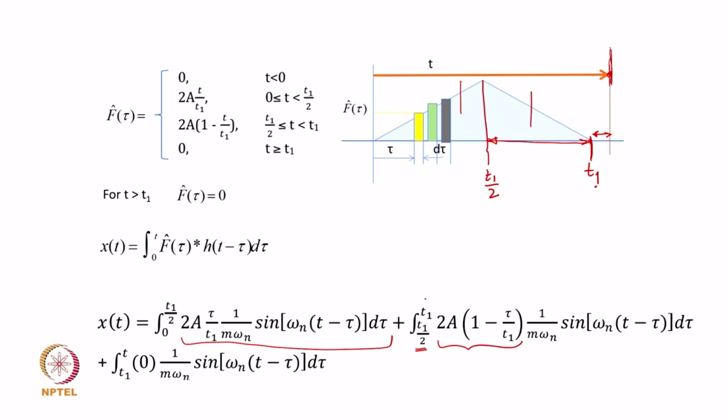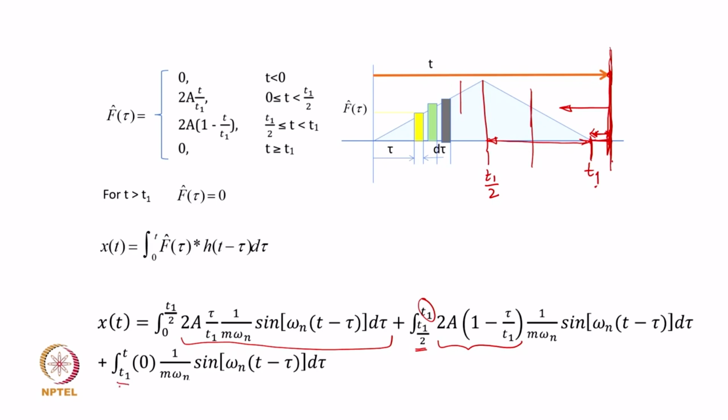So, instead of this integration limit going from T1 by 2 to T, it will go right up to T1, because for a time considered at this position, all the impulses up to T1 will apply. For the remaining part, you need to find the response at this point, and all the impulses before this get added up, but the force does not exist beyond T1.